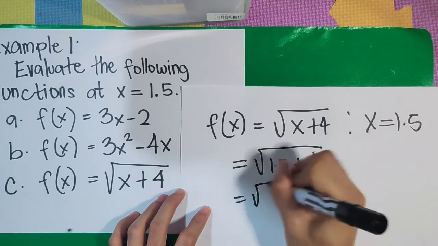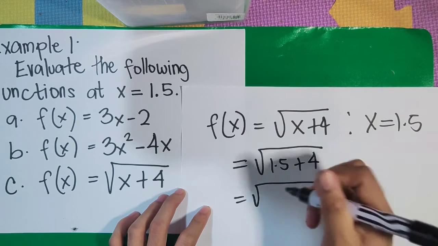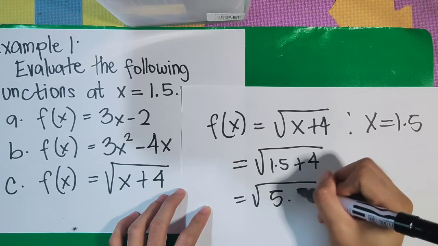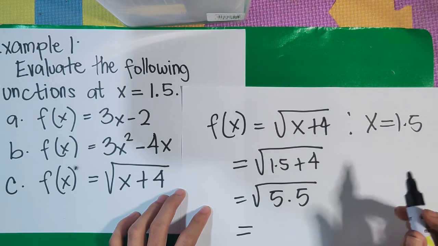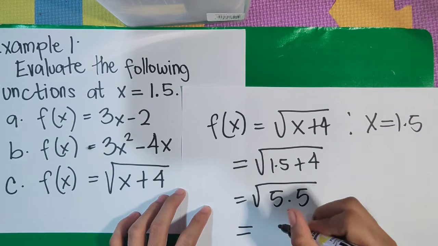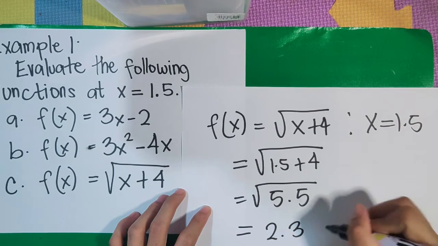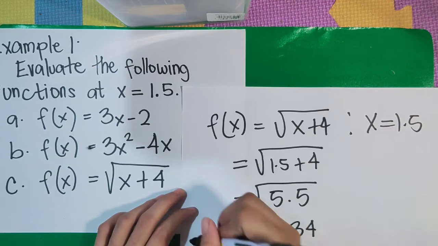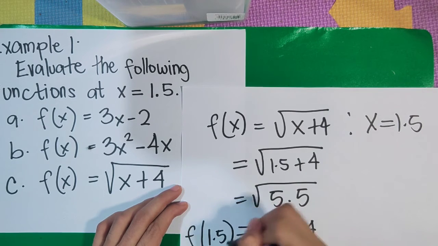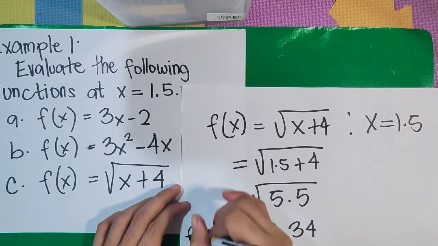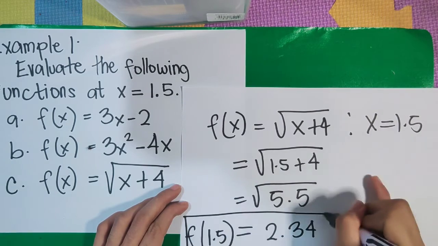So 1.5 plus 4, we get 5.5. So we take the square root of 5.5, we get 2.34. So now f of 1.5 is equal to 2.34.